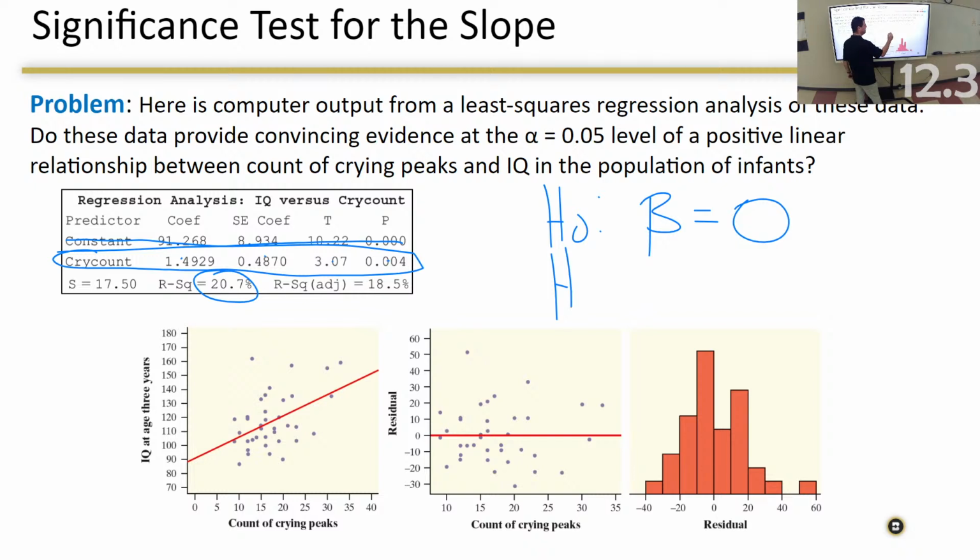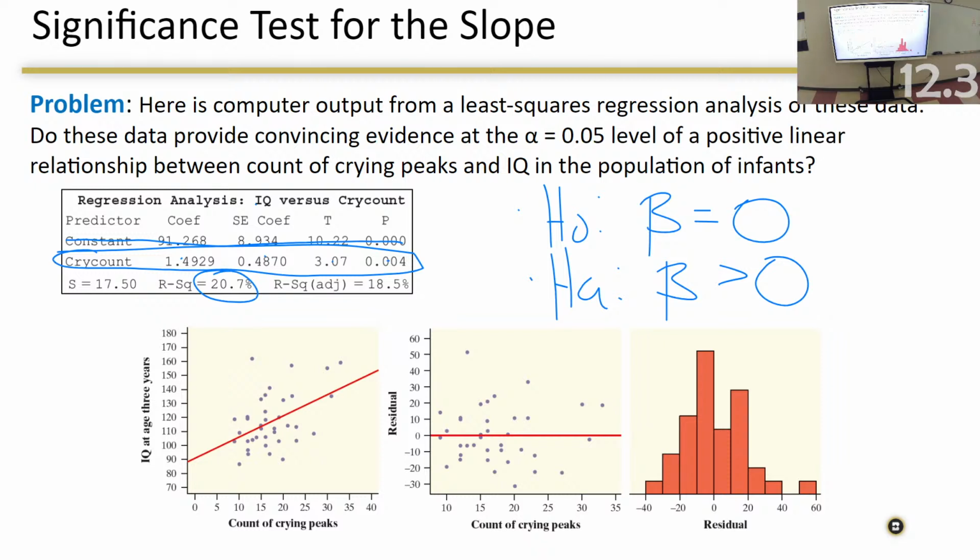Ha: positive relationship. And then you have to tell me what beta is. Beta is the true slope of cry count versus IQ, or IQ versus cry count, however you want to say it. Okay, so we need to know that part of it.